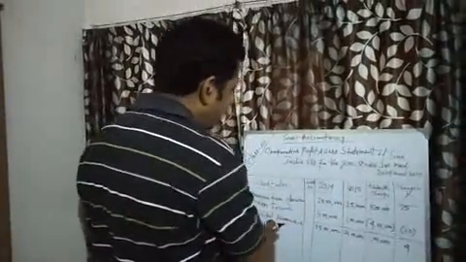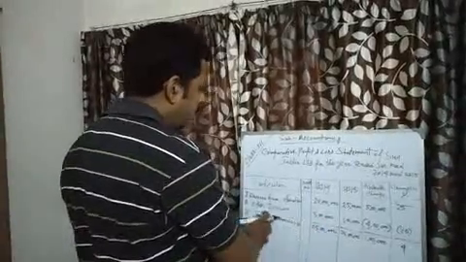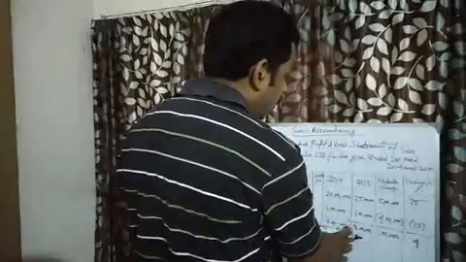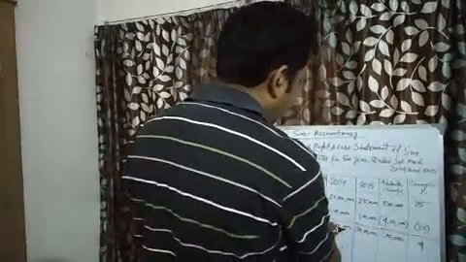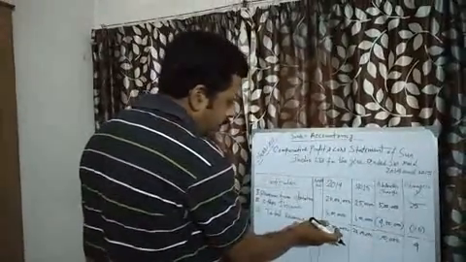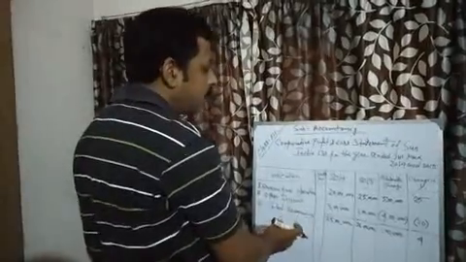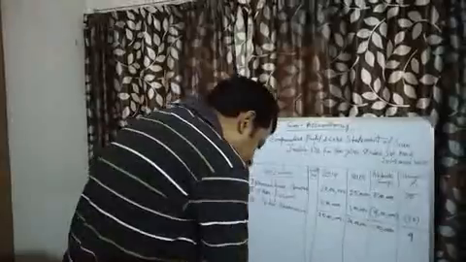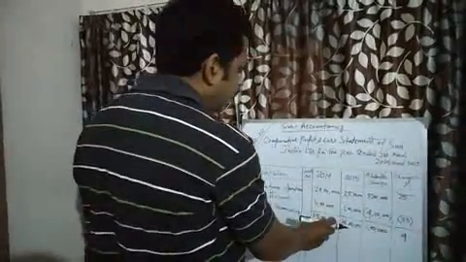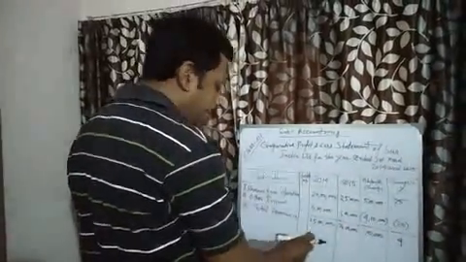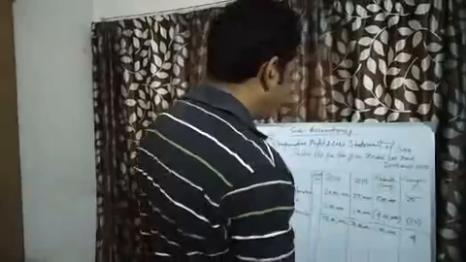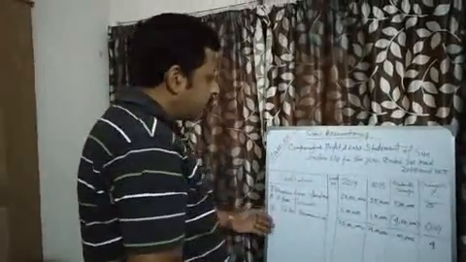So total income means total revenue: revenue from operations plus other income equals total income. Upon that you have to calculate 50% and 60%. In the 2014 figure you calculate 50%, and in the 2015 figure you calculate 60%.